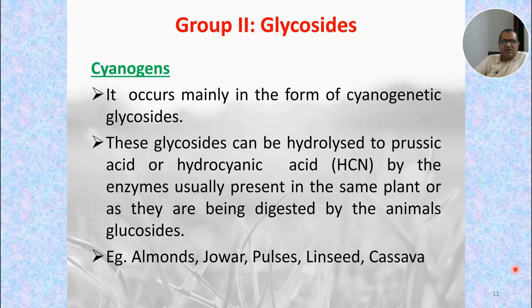They liberate hydrocyanic acid, also known as prussic acid, by enzymes usually present in the same plant or as they are digested by the animal. Whenever cyanogenic glycosides are ingested by the animal, they are acted upon by different types of enzymes, and a huge quantity of HCN is released, absorbed immediately into the circulation, and suddenly it binds the cytochrome oxidase enzyme.